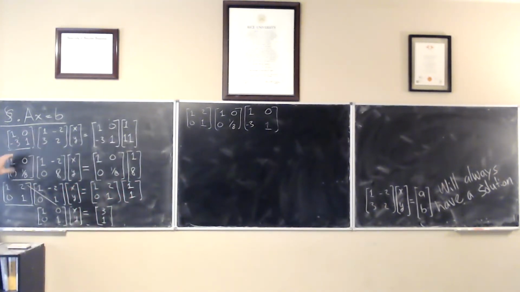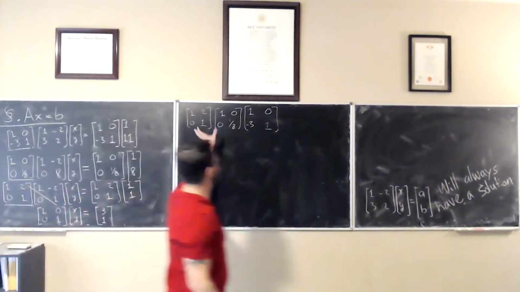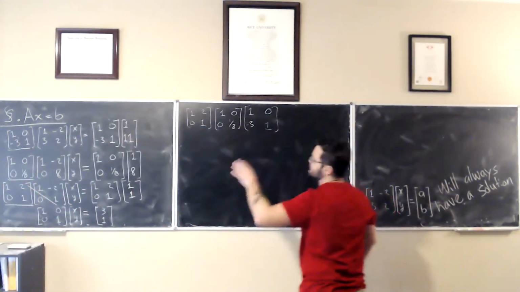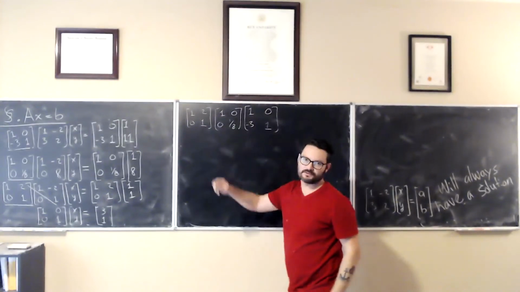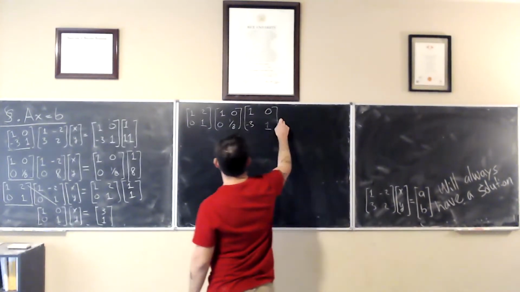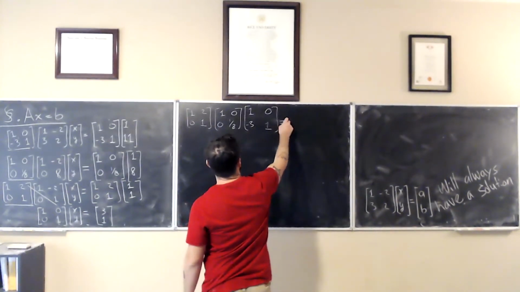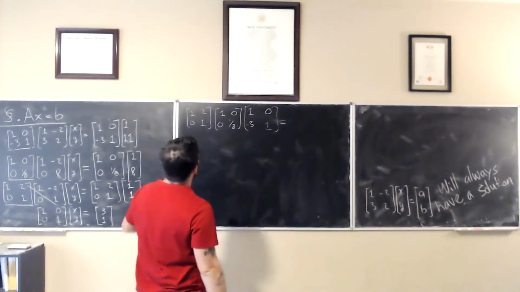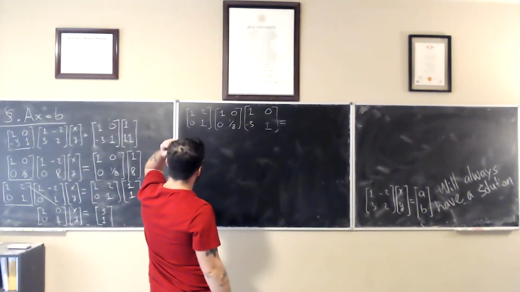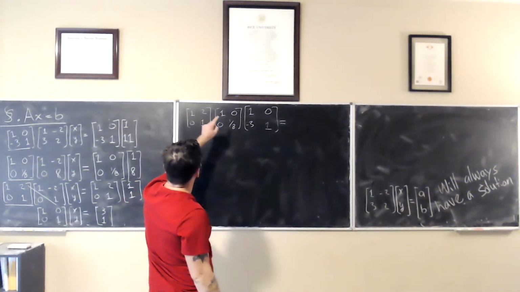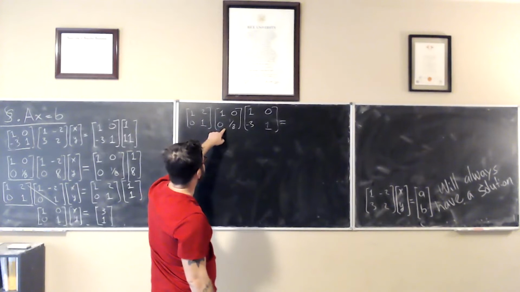That one times that one times that one. So this is the sequence of matrices that we multiplied A by. But I want to know what this matrix is on its own, so we can get some practice doing some multiplication. So this times that. Let's do that one first.